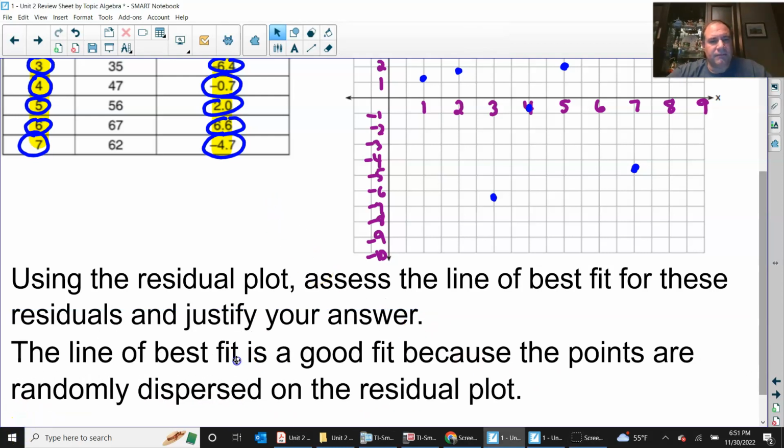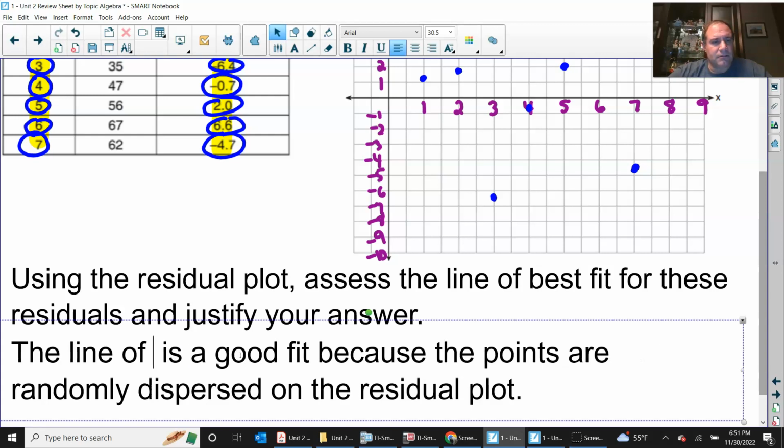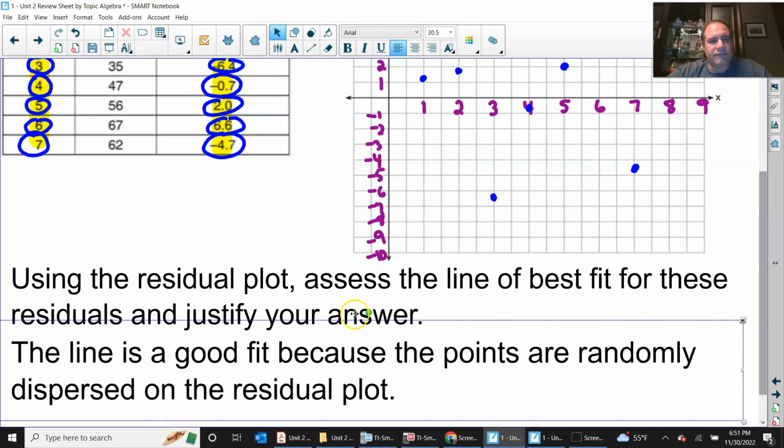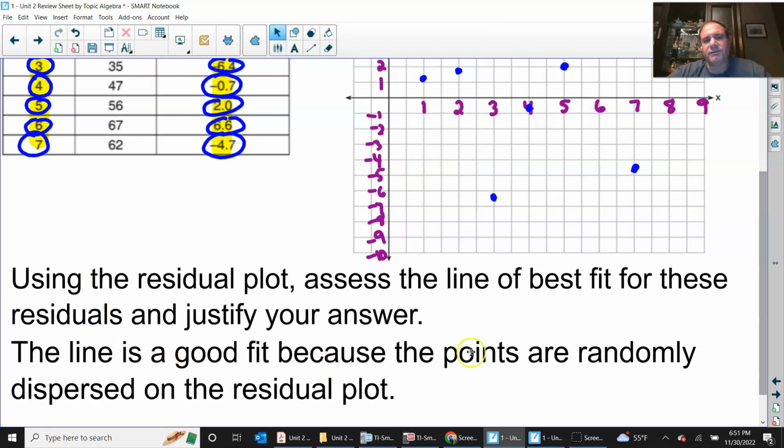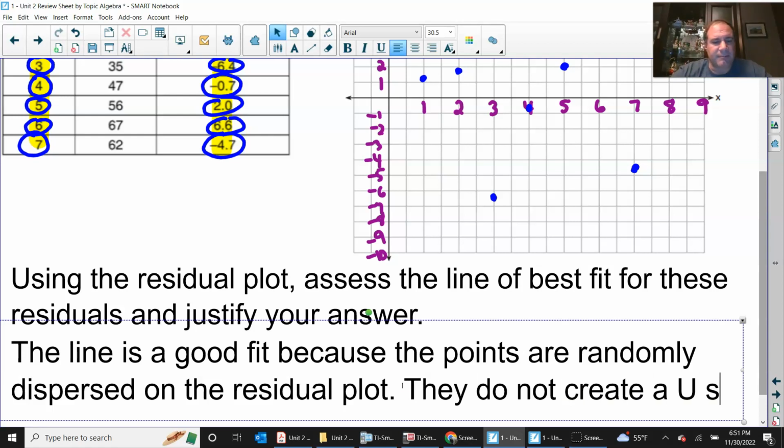The line of best fit, or you could say the trend line, or the line, is a good fit because the points are randomly dispersed on the residual plot. They do not make a U shape. You don't have to put that last part.